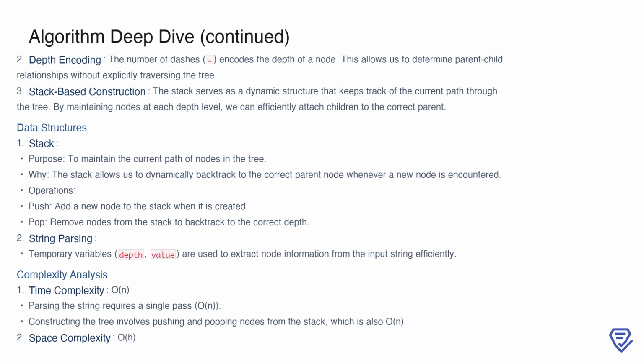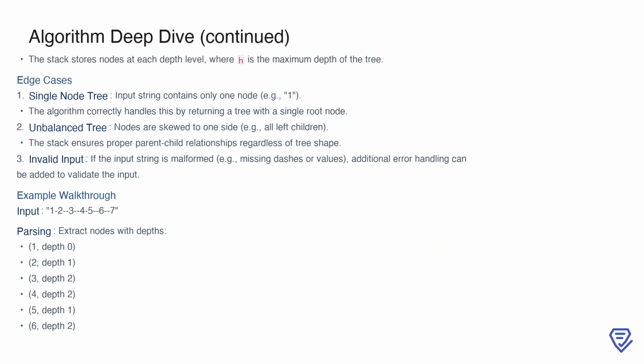The algorithm is efficient, with a time complexity of O(n), since parsing the string and constructing the tree each require a single pass through the input. The space complexity is O(h), where h is the maximum depth of the tree, because the stack only stores nodes along the current path. The stack's space usage is proportional to the maximum depth of the tree, which ensures the algorithm is efficient even for deep or unbalanced trees.